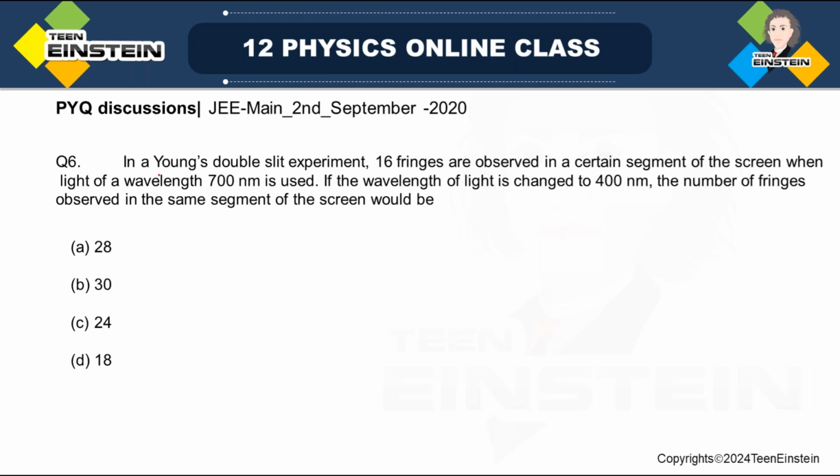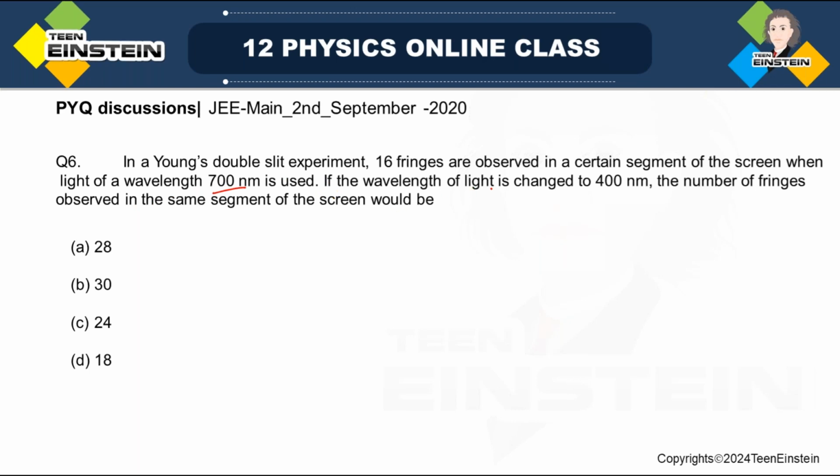Okay. So this question says in a Young's double slit experiment, 16 fringes are observed in a certain segment of the screen when the light of wavelength 700 is used.